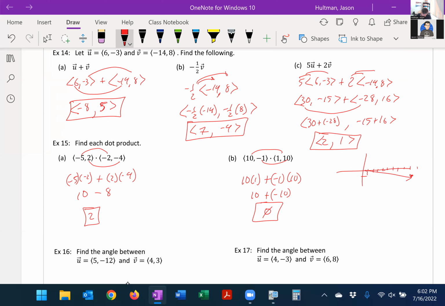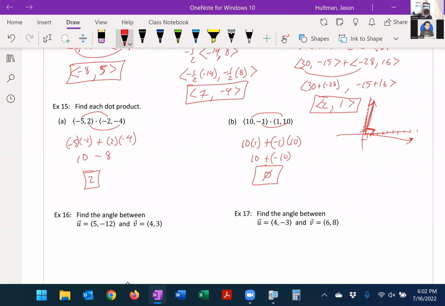If we did 1, 10, 1 over, 1 up 10, we would get this vector. And we see that this is a right angle. It is orthogonal. So if the dot product is ever 0, it is orthogonal or perpendicular.